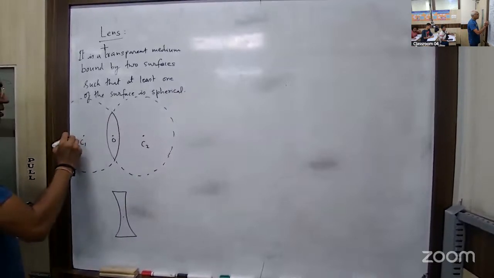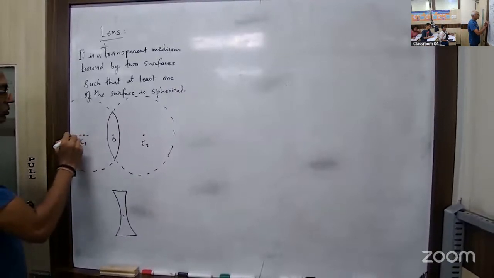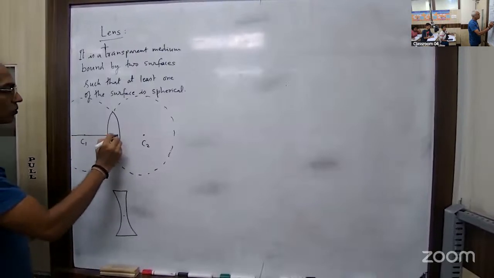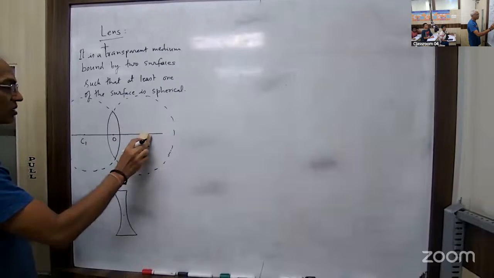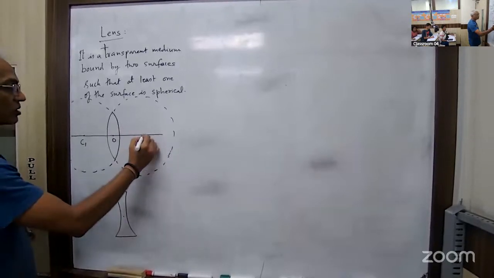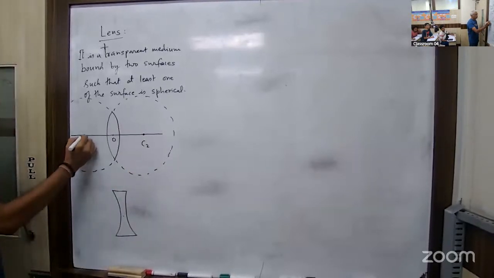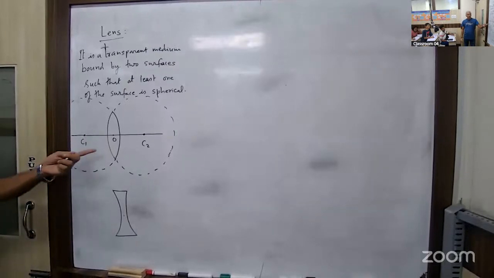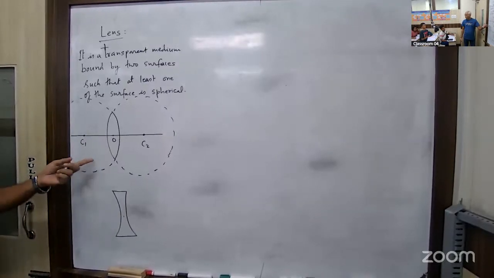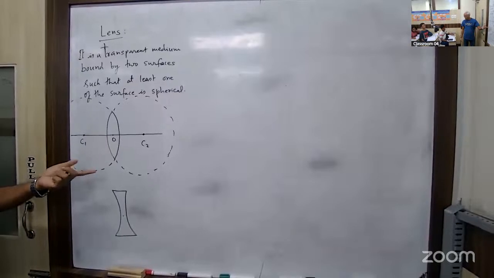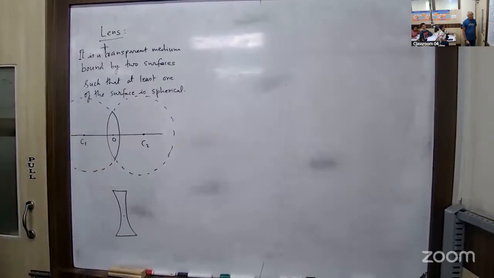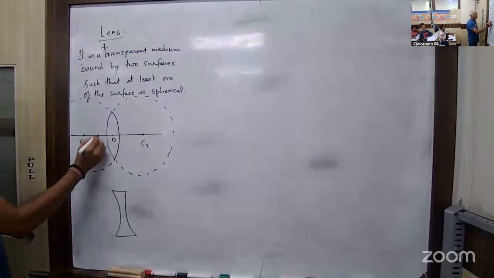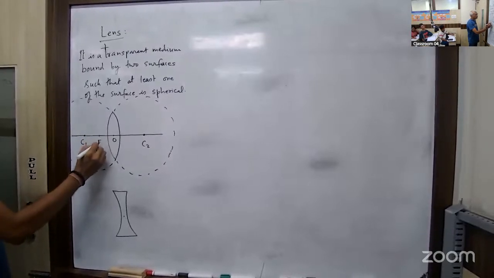And the line passing through the center of curvature and the optical center is the principal axis. This is the principal axis now. So this is a repeat of what we already learned in mirrors, just this sphere is solid in this case. Okay. So half the distance is the focus.